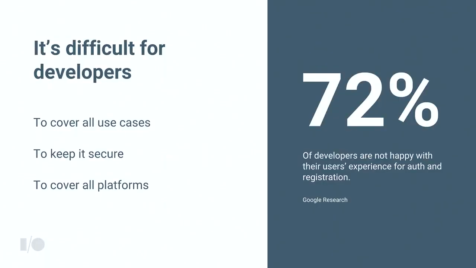You should not care about your authentication system because it's not your business, it's not your core functionality. But the downside is that without that, nothing works. And here said no one ever. So it's also very difficult for developers to do it because you have to cover all these cases. You have to keep it secure all the time.